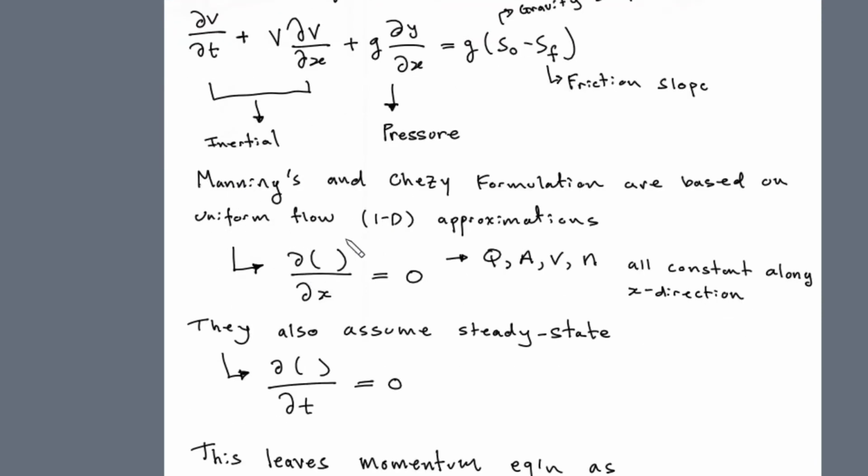So now that we know that we have one-dimensional flow, using the assumption of uniform flow, this is going to imply that there's going to be no change in any of the properties with respect to the position. So the flow, area, velocity, Manning's n, all that is constant along our geometry.